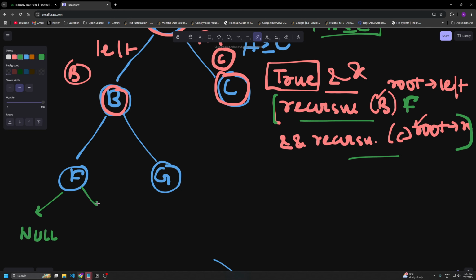Root we can handle, but null values will be pretty difficult. When we reach a leaf node, the left and the right will both be null. In this scenario, do you think this follows the property of a max heap? Yes, it does, because since no child exists, it does.